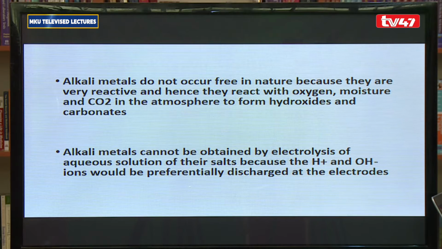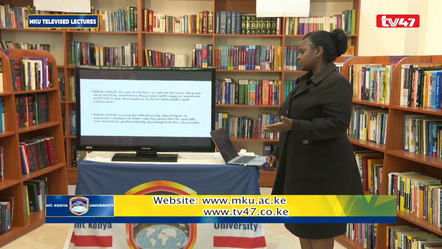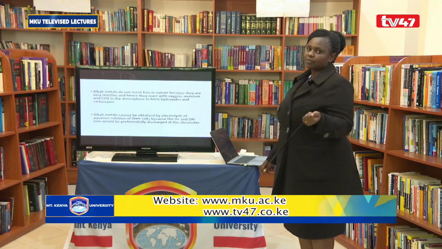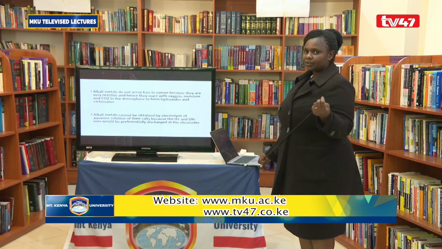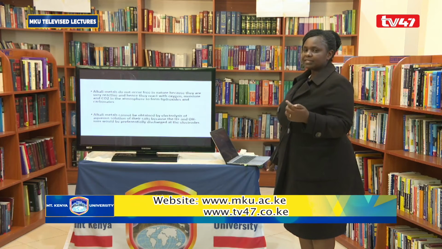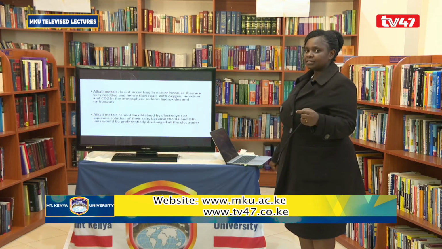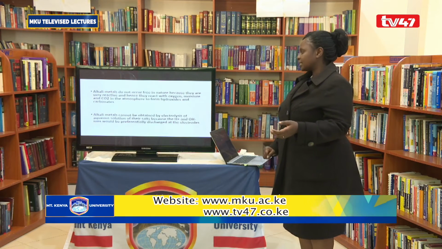The other thing, because of their high reactivity, is that the alkali metals cannot be obtained by electrolysis of their aqueous solution. This is because in aqueous solutions we have water molecules, so we also have hydrogen ions and hydroxyl ions, which are preferentially discharged at the electrode.